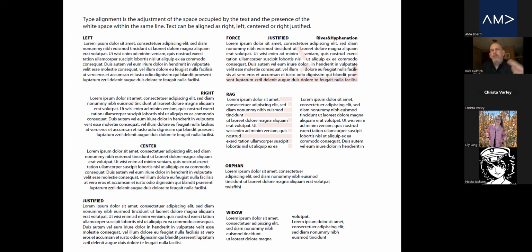And then the alignment of that content. So what you're seeing here on the top left is left alignment, underneath right, centered, justified, top right-hand side, force justified. So what's important to focus on here is the length of the text, but the shape that is created at the end of the line. So if you look off to the bottom right where it says rag, there's a few little gray boxes.